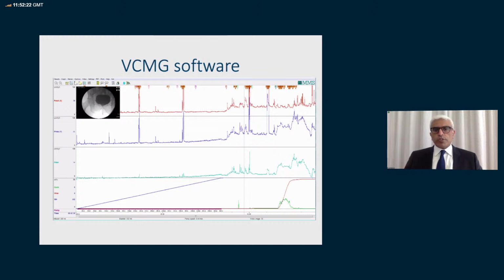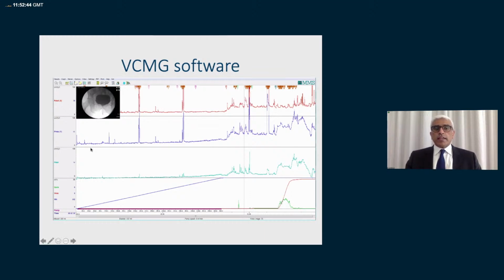This is for both neurogenic and non-neurogenic cases, because you want to see what is happening. So if this image is aligned with the cough here and you can see stress incontinence, you know where the incontinence was. On the other hand, if it was with detrusor overactivity and the leakage is there, you can see exactly what was happening at what stage.